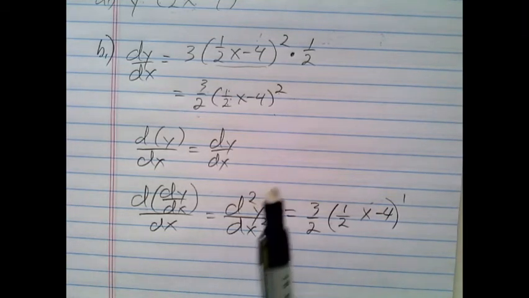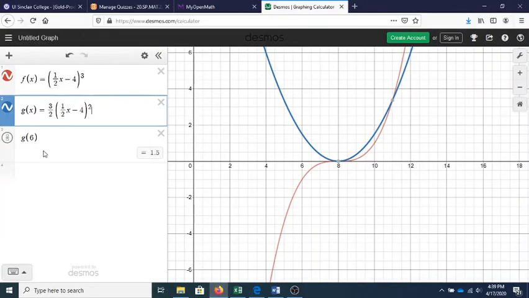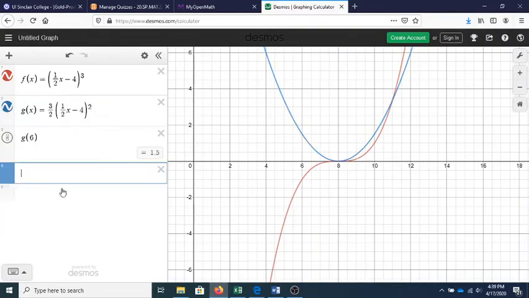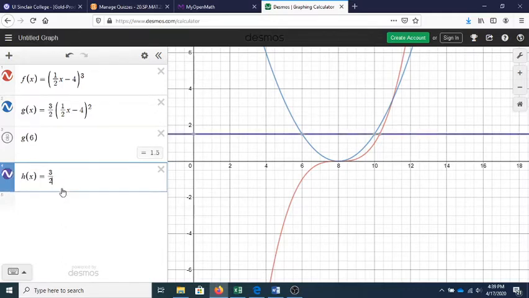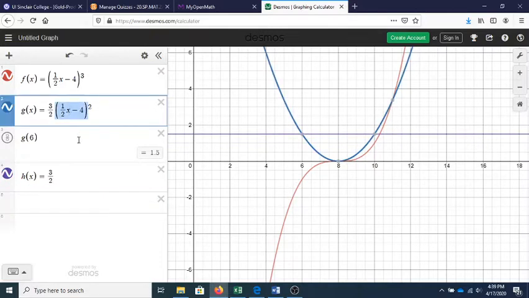Okay, so let's graph that. I know I could simplify that, but Desmos will know what I mean. Alright, so the original function was f, the first derivative was g. I guess I'll call the second derivative h. Okay, so 3/2 times basically this part that's in parentheses here.